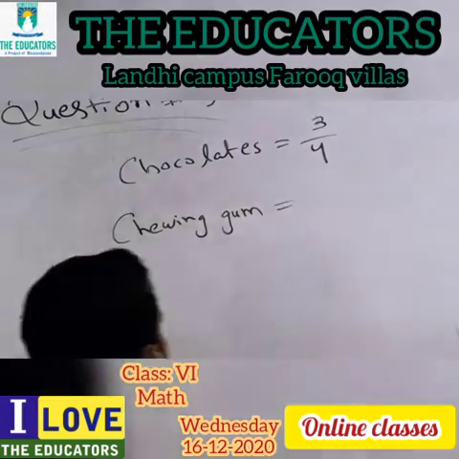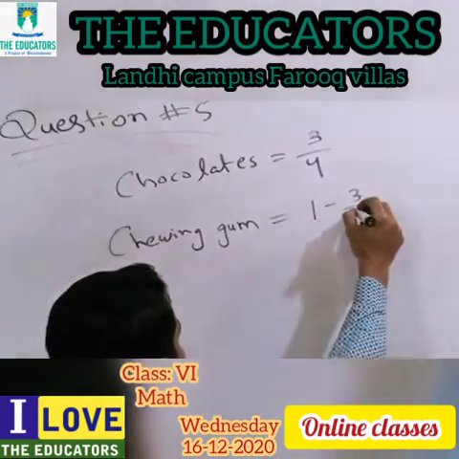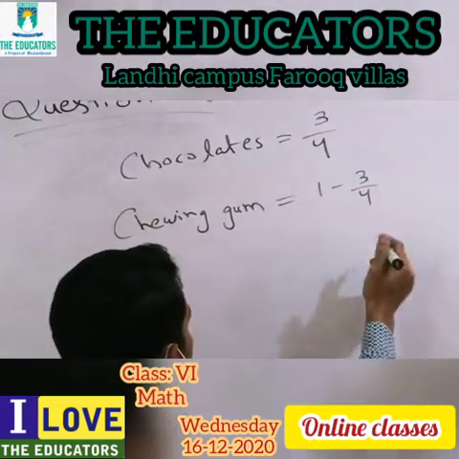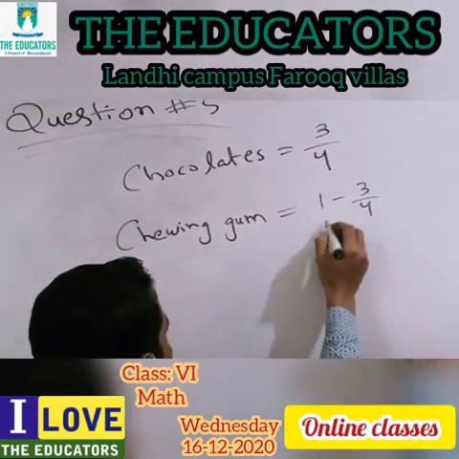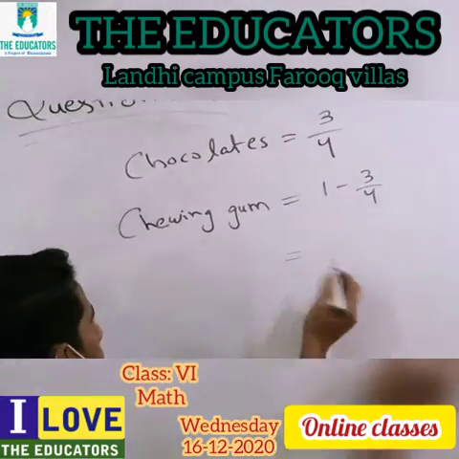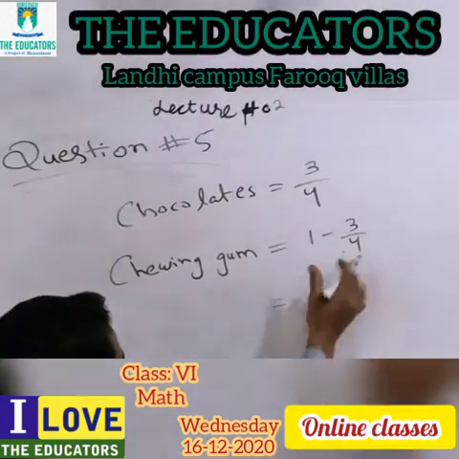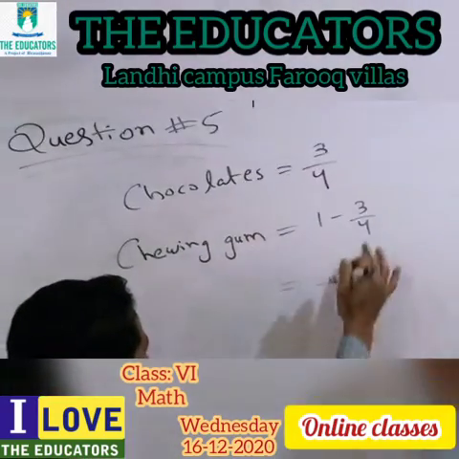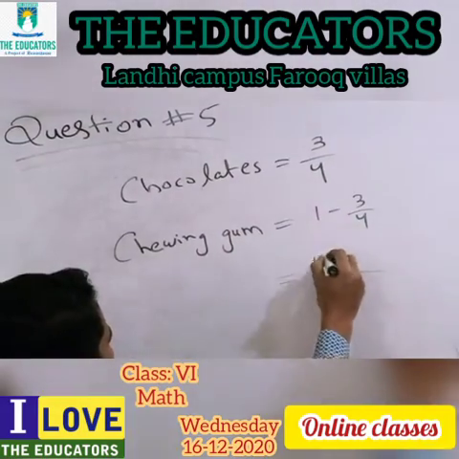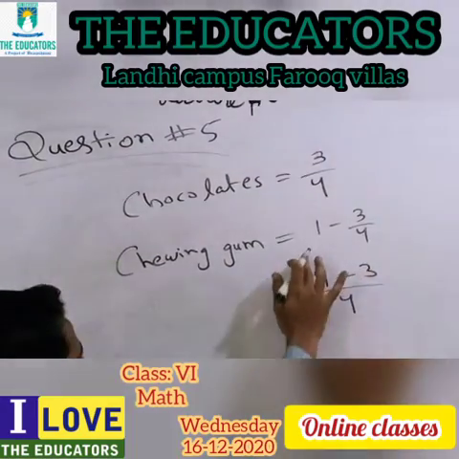Okay, so the rest means you simply have to minus this value from 1 and you will get the rest. Okay, so 1 minus 3/4, you have to solve it. Okay, there is nothing under 1, so there is 1 already. So now you have to do what? That's the old rule, that you have to multiply the denominators. Okay, 4 into 1 is 4, and then you have to cross multiply. Then 4 into 1 equals 4, and then 3 into 1 equals 3. If there is nothing, it means there is 1.